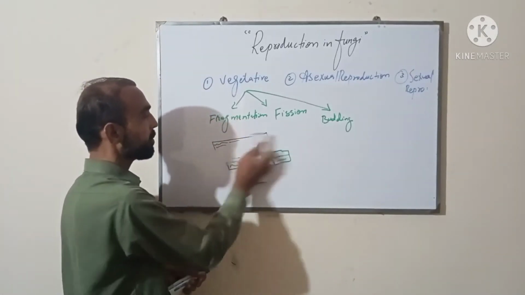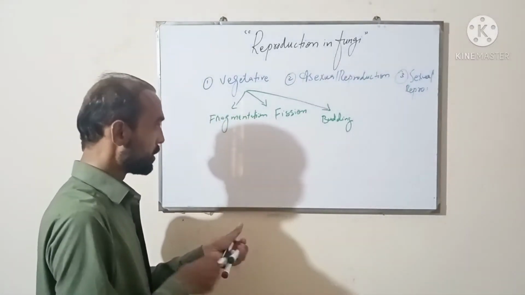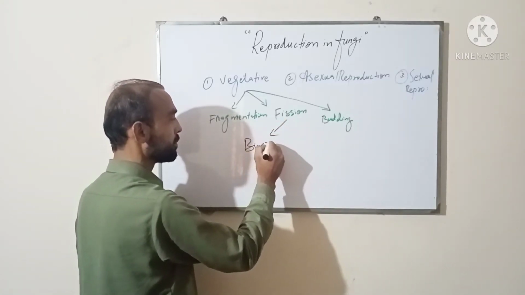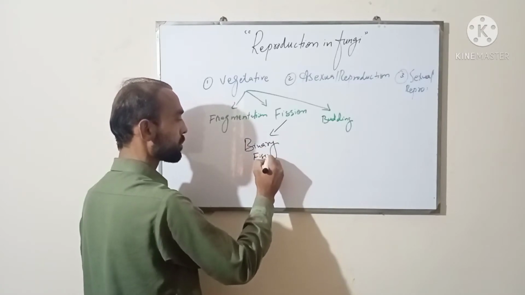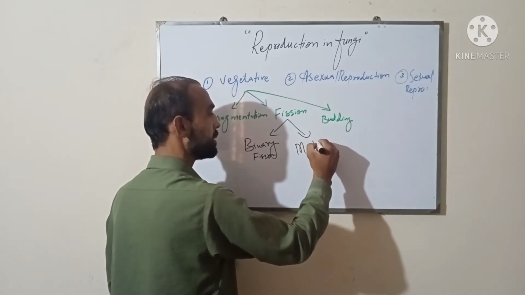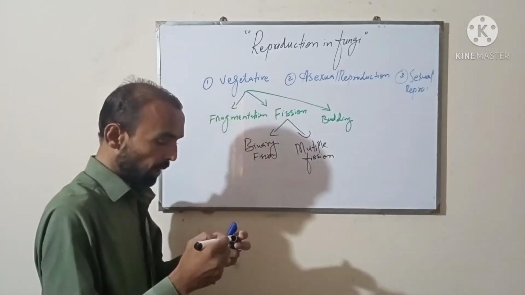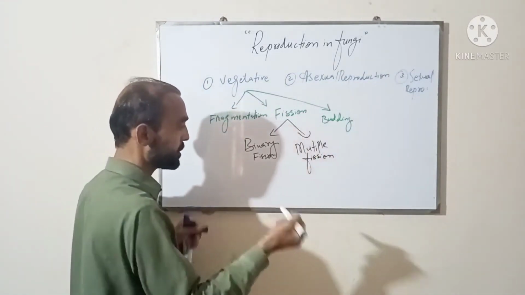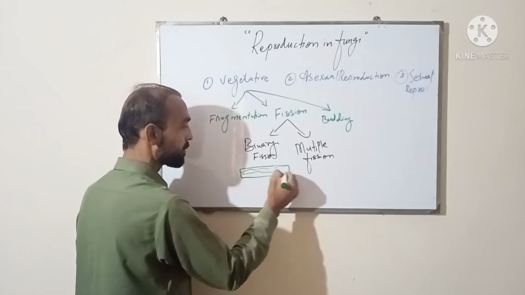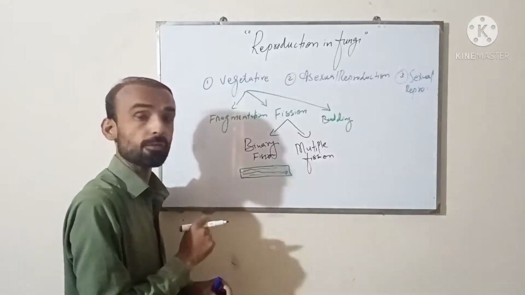Fission is of two types: binary fission and multiple fission. This is a hypha; we know that the body of a fungus is made up of small thin thread-like structures known as hyphae.